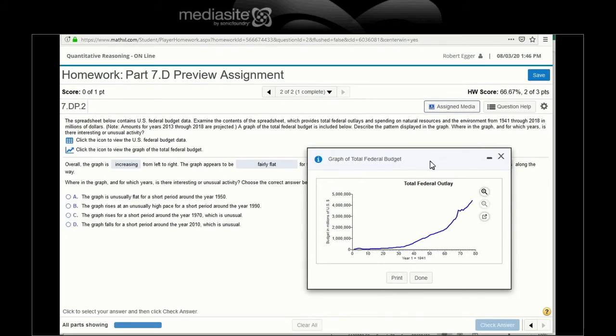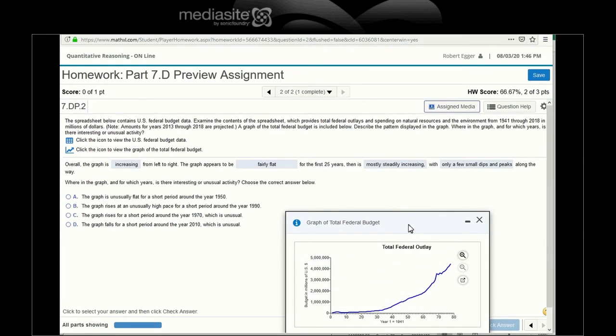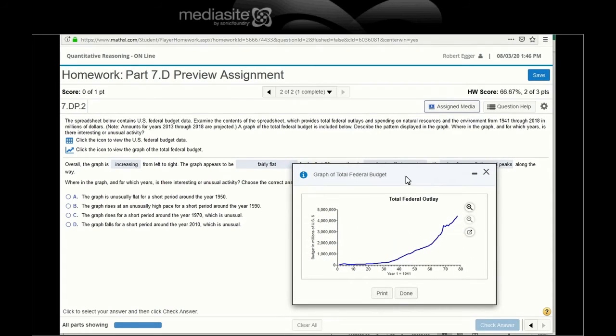So let's see, where in the graph and for what years is there interesting or unusual activity? The graph is unusually flat for a short period around 1950, which would be in this region. Actually, it's unusually flat for quite a bit of that.